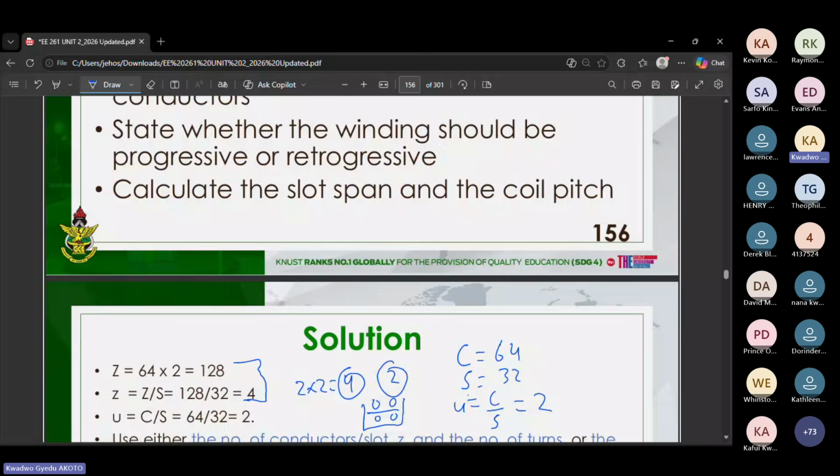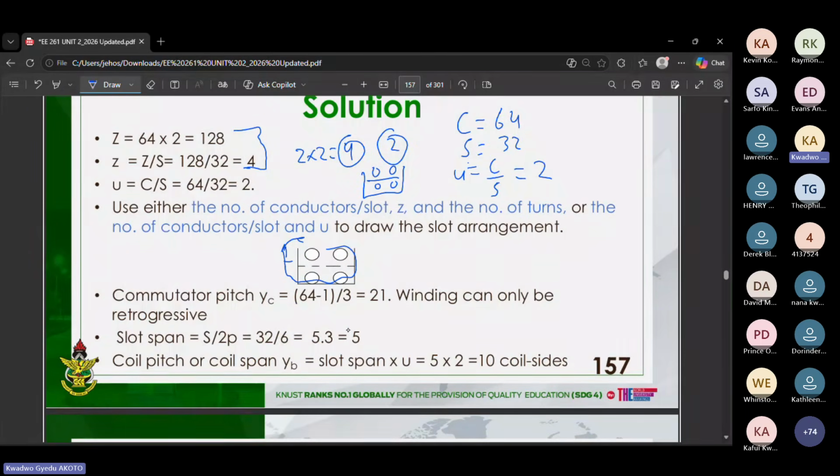So for this one, we know that YC is equal to C plus or minus 1 over P, which must be an integer, right? So P is 3 because we have a 6-pole machine. For a 6-pole machine, we have 3 pole pairs. So YC is equal to C, which is 64, plus or minus 1 on 3, must be an integer.